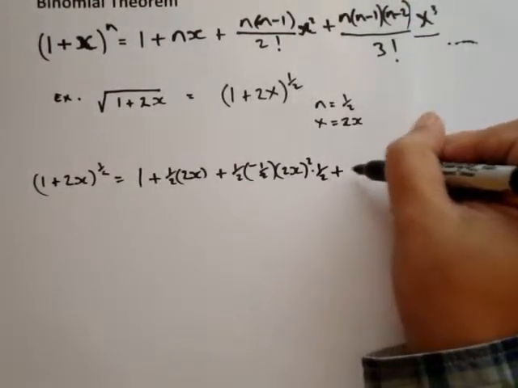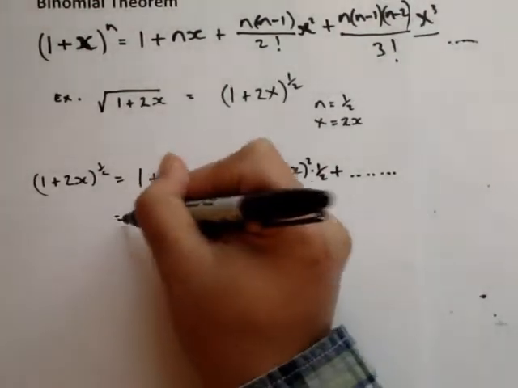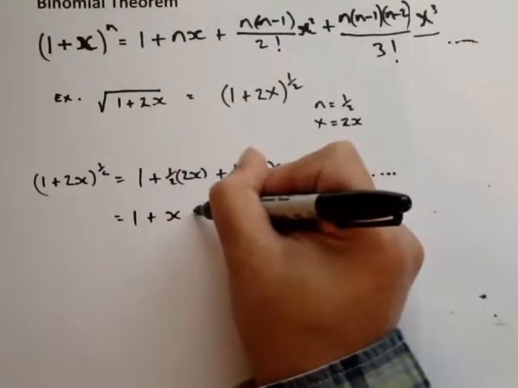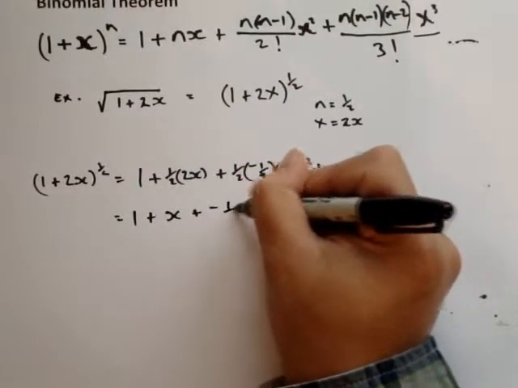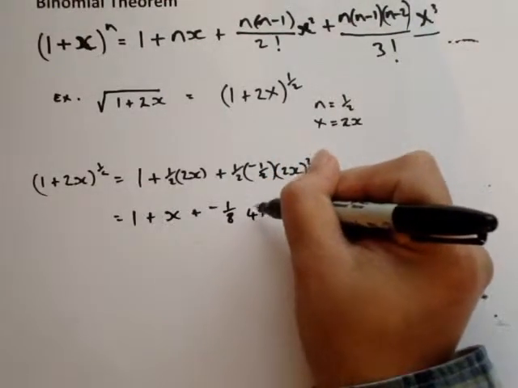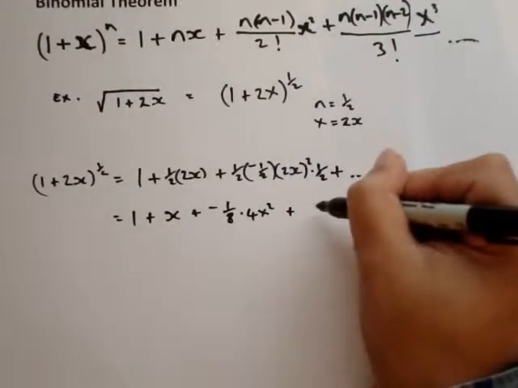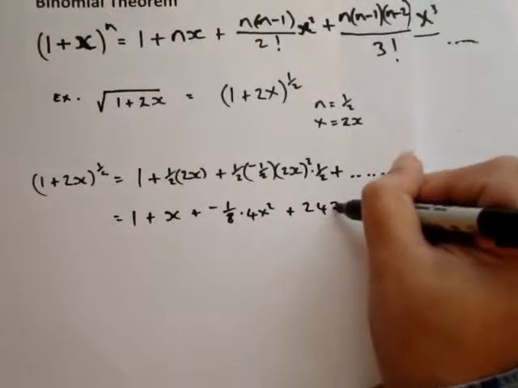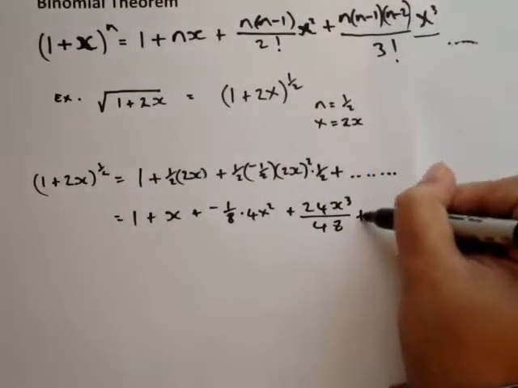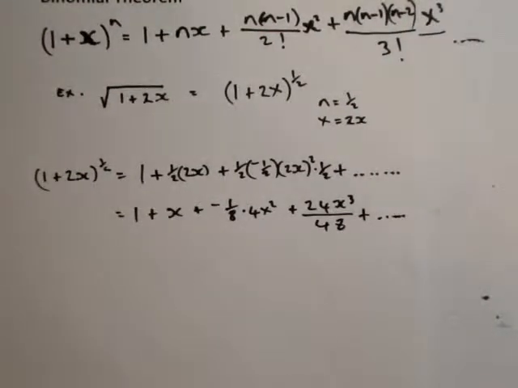Okay, and then we continue. So this then gives us 1 plus x plus minus 1 over 8, 4x squared, and then our third term would be 24x cubed over 48 plus. But like I said, we just try and stick to about 3 terms.